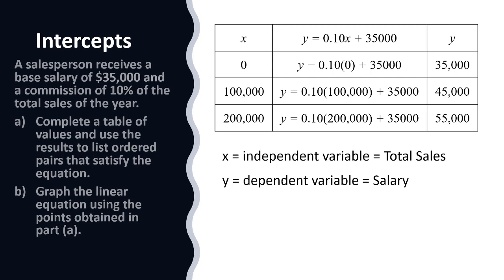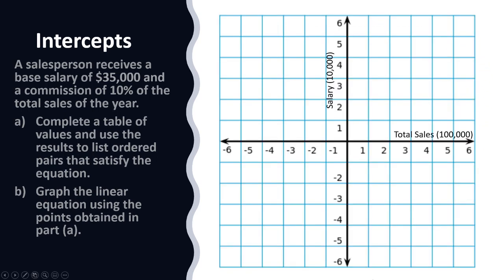To put this on a graph, these numbers are quite large, so I'm going to scale the axis for both. For the x-axis, I'm going to scale it 100,000, and for the y, I'm going to scale it 10,000. So plotting our points, when x is 0, y turned out to be 35,000. So in this case, this would be 3.5.